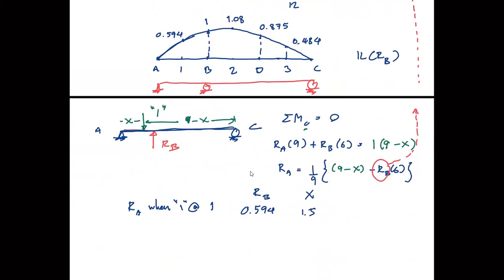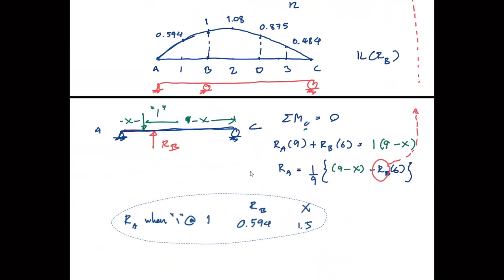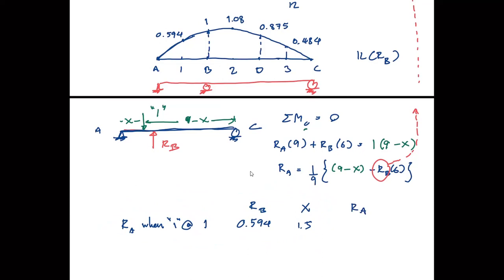You just use these values and plug in this equation. Okay, now plug this in this RA equation. Now you should get the value.